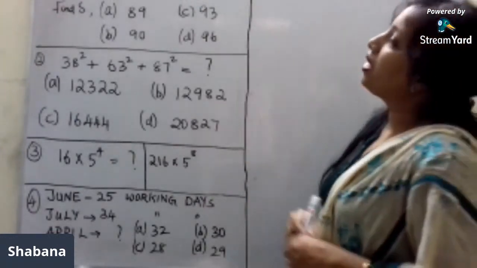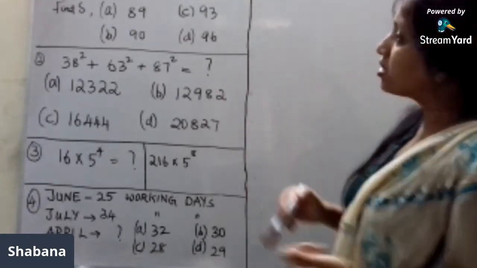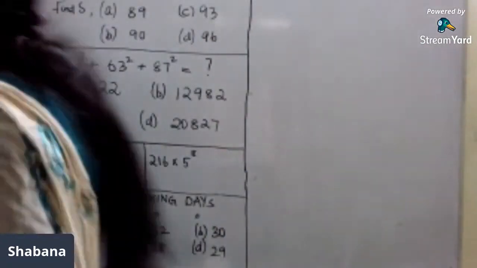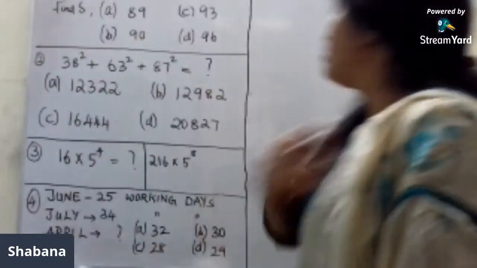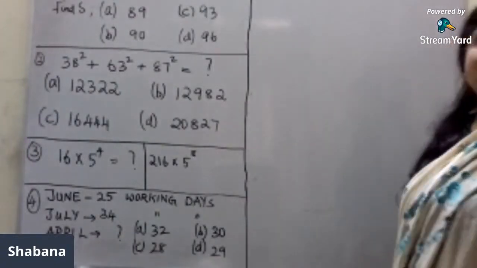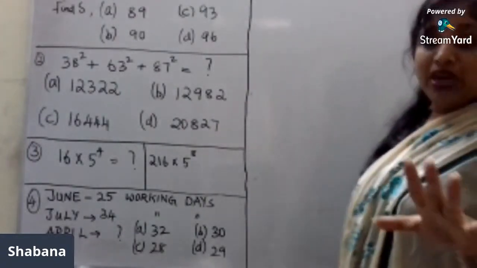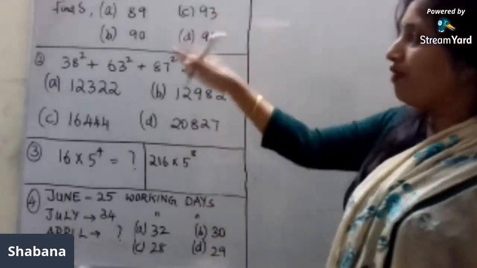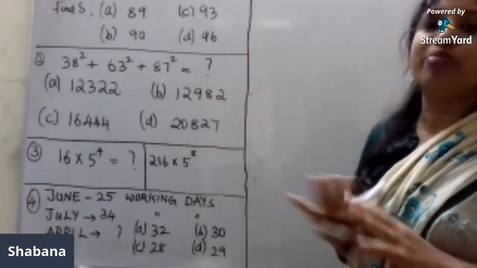So the first one is this: S square plus 85, plus 85 square is equal to 165 square minus 89 square minus 2863. Remember, I am definitely not going to solve each and every number here.